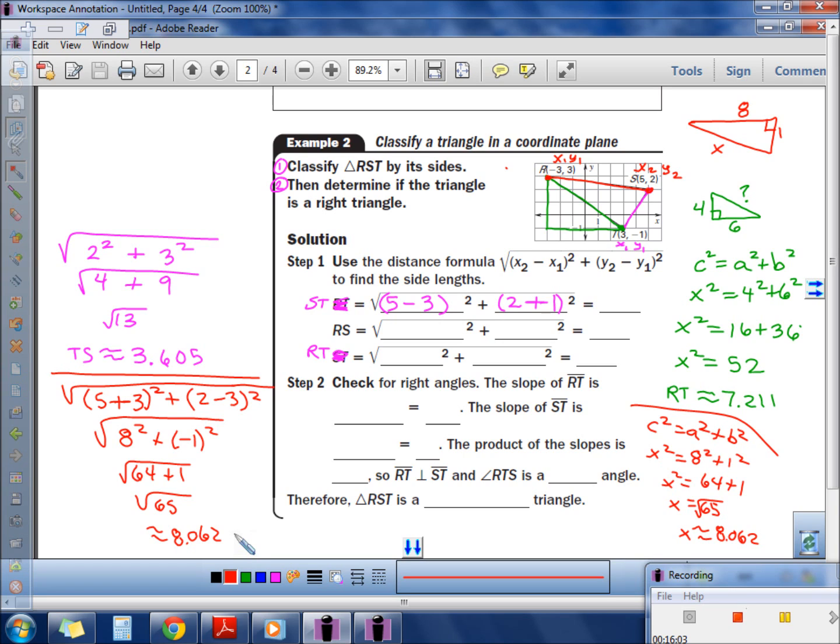There should be some similarities. You see 8 and kind of a 1 right there. We see 8 and 1. 64 and 1. Hey, we see that over here. 64 and 1. 65, square root of 65. So they are very similar. The distance formula actually comes from the Pythagorean theorem. They're very similar. That's why they give you the same answer.